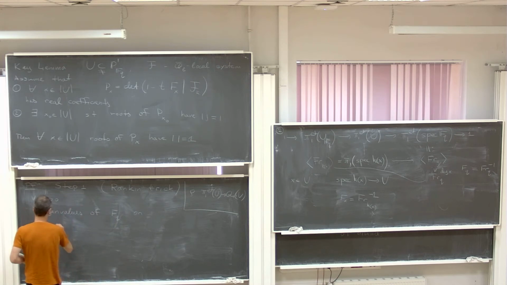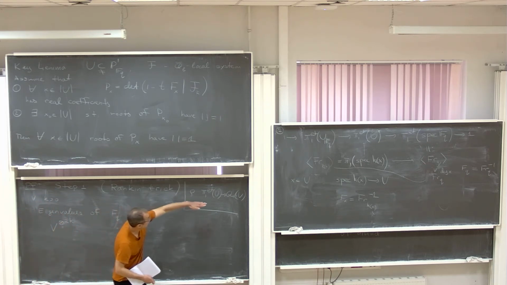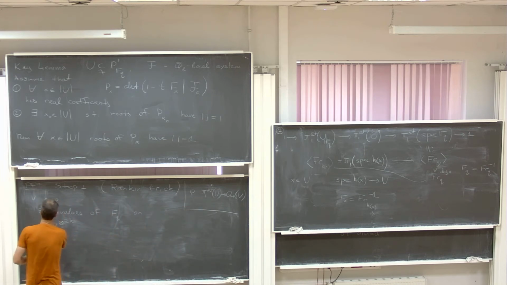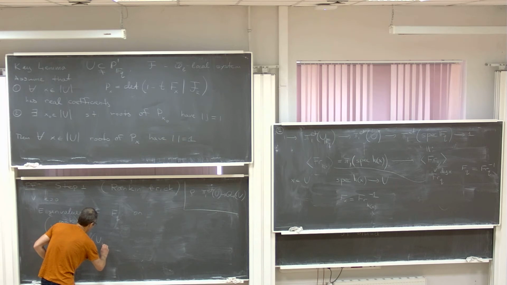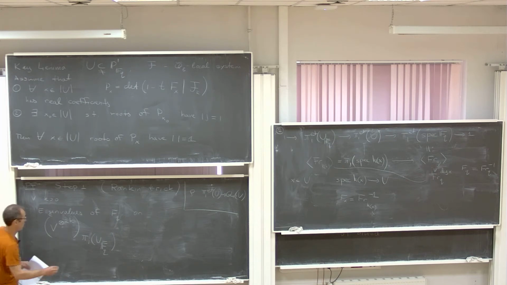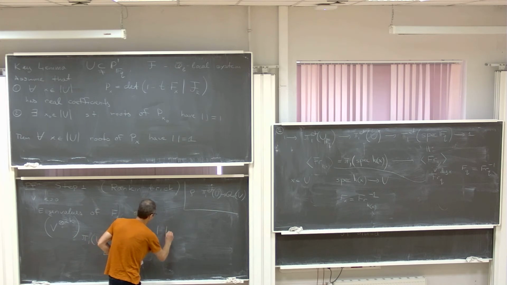So I take V, I take its 2k-th tensor power, right? So this is still a representation of this group, and I take coinvariants with respect to the subgroup, the geometric fundamental group, have absolute value equal to 1.